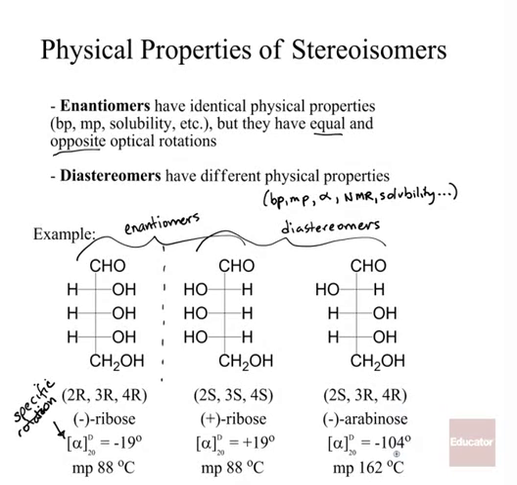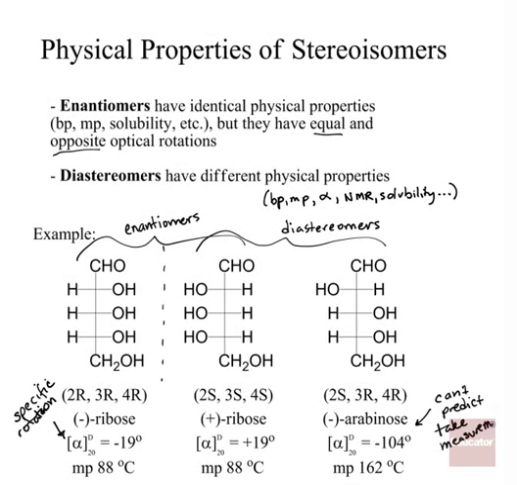And so this is a different sugar. This is called arabinose. This is the minus arabinose. And what would we predict its rotation to be? That's not something we can predict. We have to take the measurement.